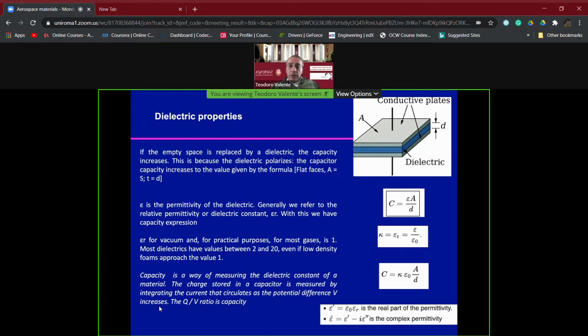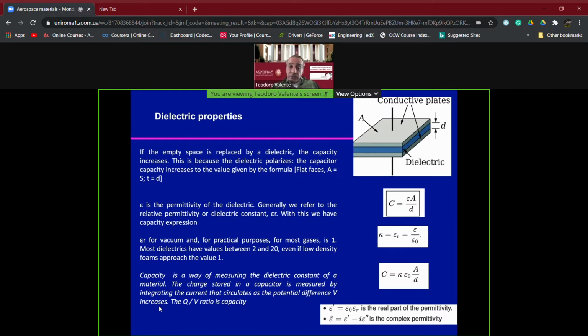And so, having defined the relative permittivity, we can also write the same formula for the capacity of the condenser as it is written here: C equals the relative permittivity, which multiplies the vacuum permittivity epsilon 0, which again multiplies the ratio between the area of the flat faces and the thickness, that is the distance, of the dielectric material.